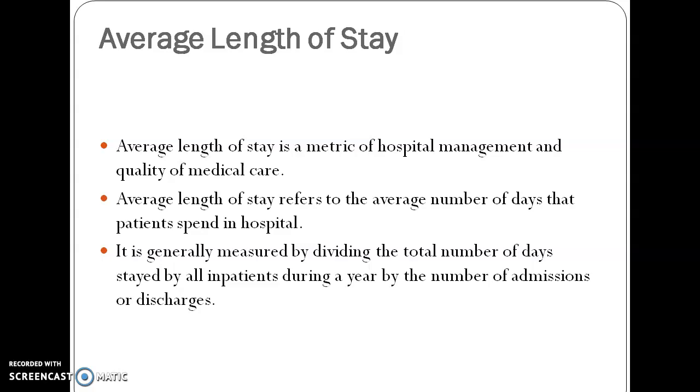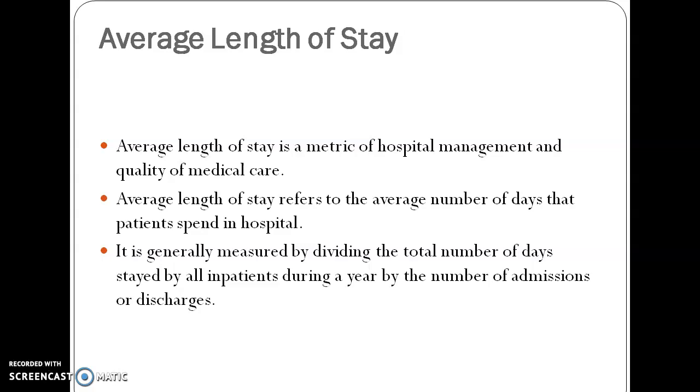It is generally measured by dividing the total number of days stayed by all inpatients during a year by the number of admissions or discharges. So it has a formula: the total number of stay days by all the inpatients who have stayed in that hospital for that particular year.